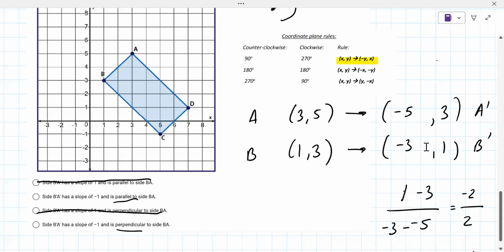One second. Question? Yeah, one second. Negative 3.